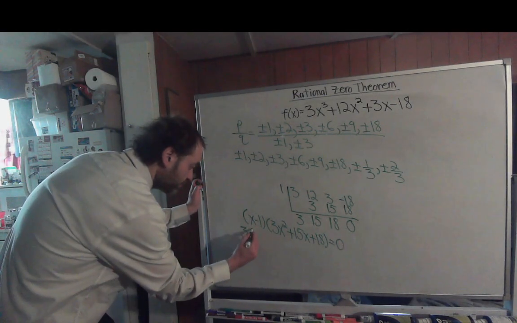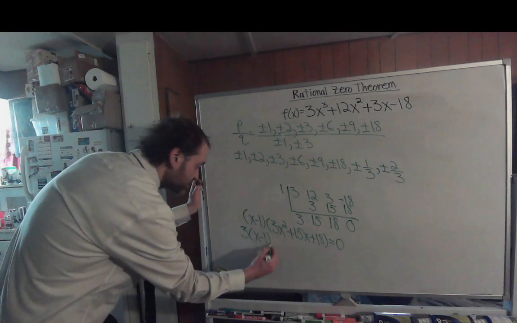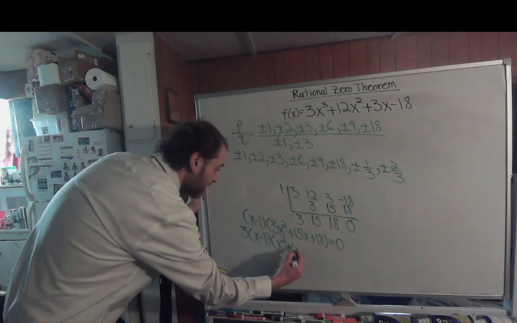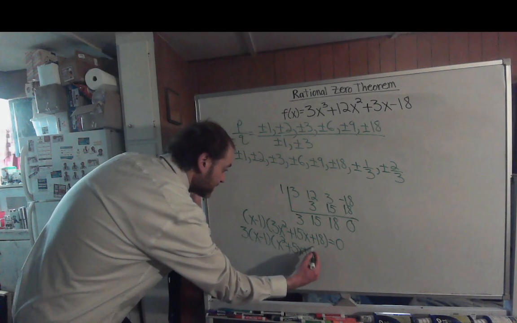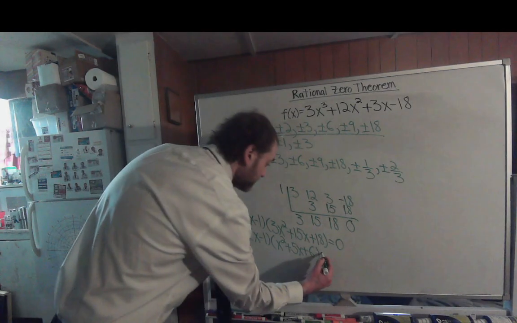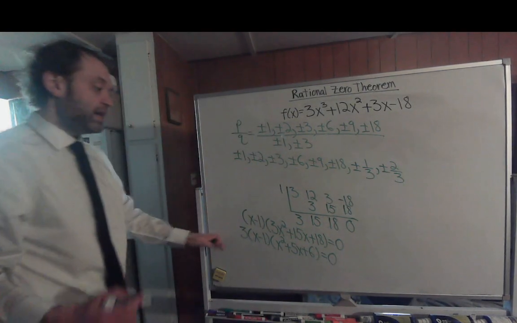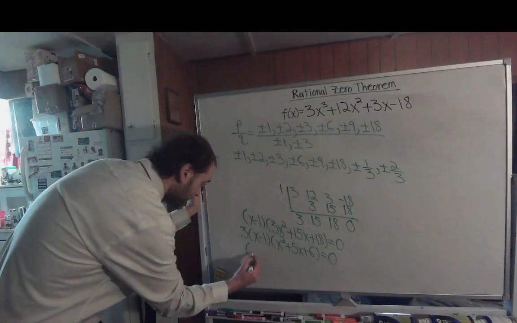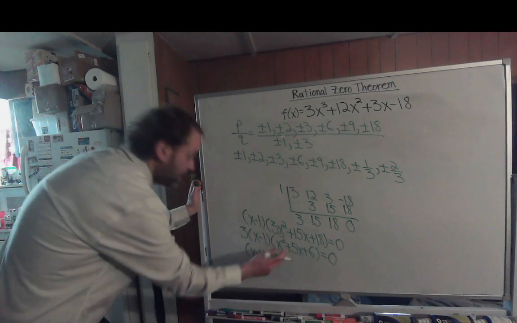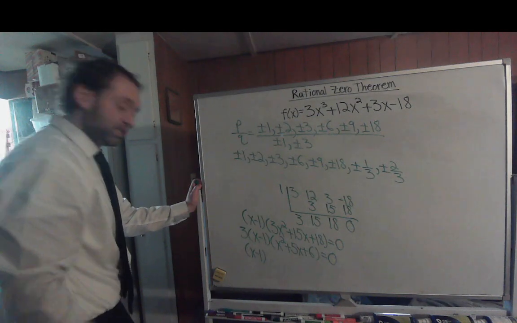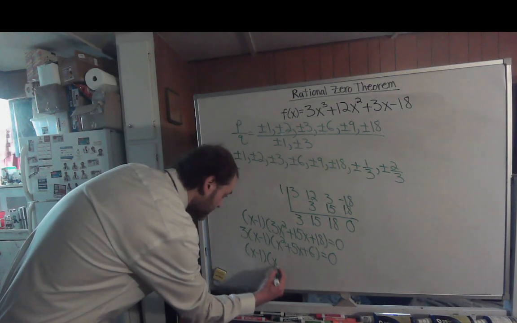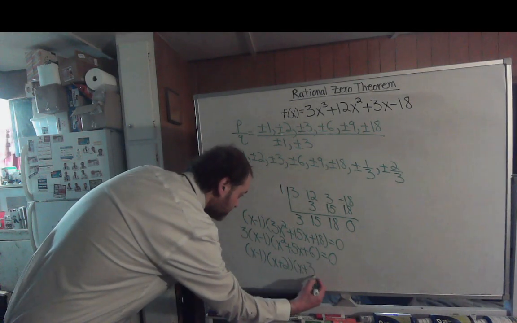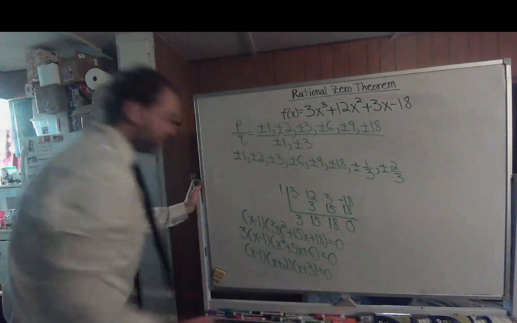You would end up getting 3 times the quantity of x minus 1 times the quantity of x squared plus 5x plus 6 is equal to 0. Well, we can divide both sides by 3. If you do that, you'll have the x minus 1 to start with, but that x squared plus 5x plus 6 will factor into the quantity of x plus 2 times the quantity of x plus 3. All that equal to 0.